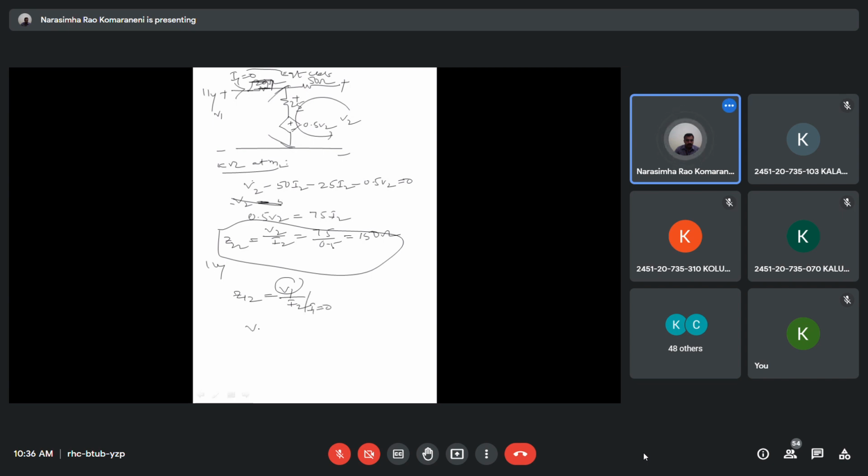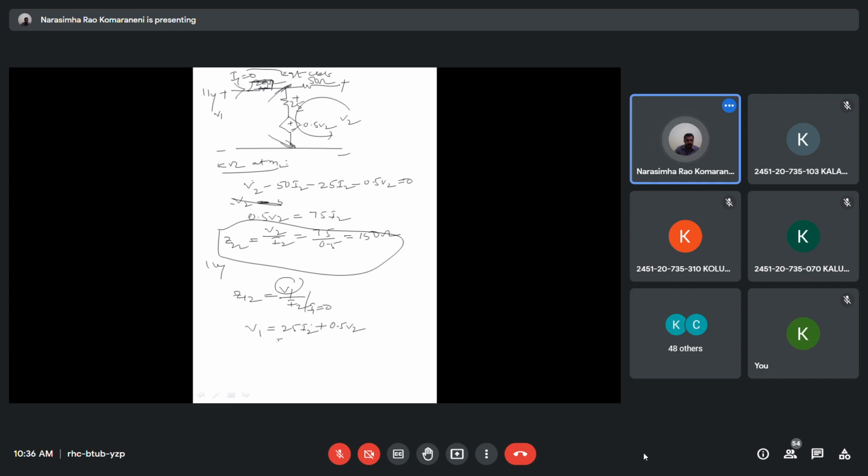So V1 is equal to 25 I2. Drop means the current flowing through this. When I1 is 0, the current flowing through this branch is I2. So therefore 25 into I2 plus 0.5 V2. Clear?